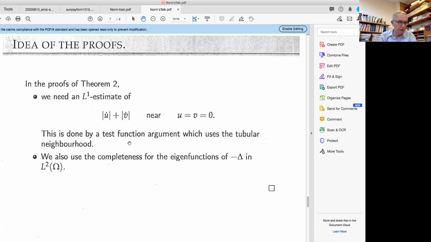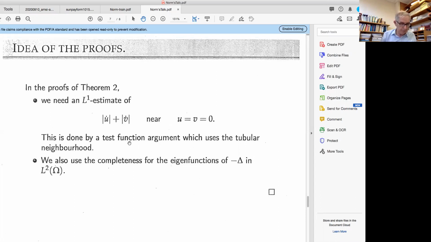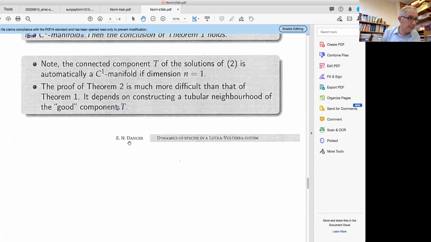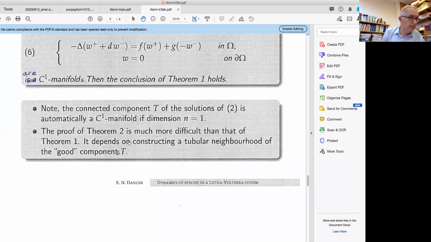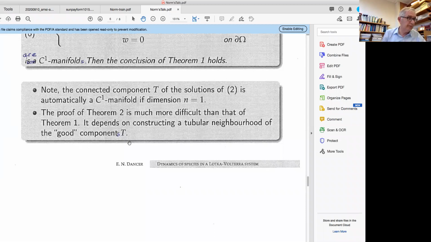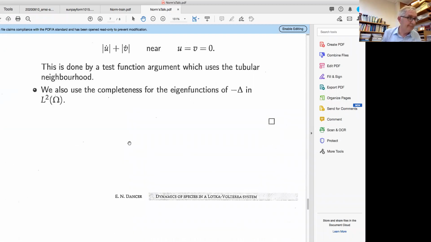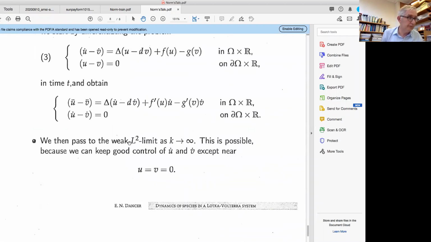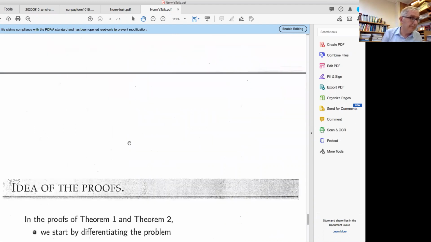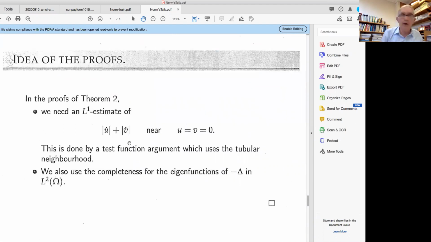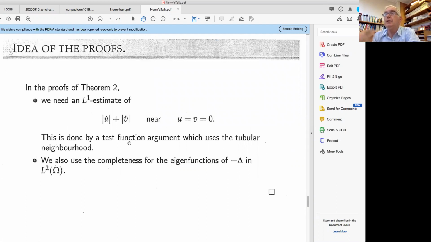I think there's a slide I'm missing here. My fault, actually. Now, it turns out we need to be able to estimate mod u dot plus mod v dot, and this is where the major difference is.